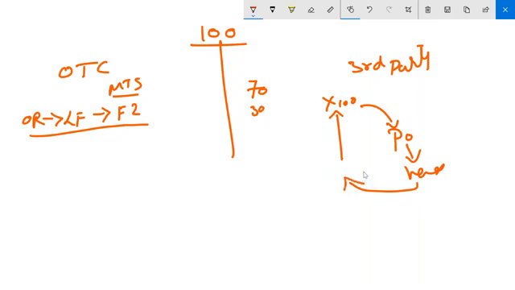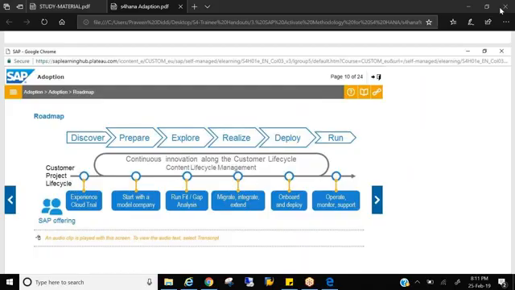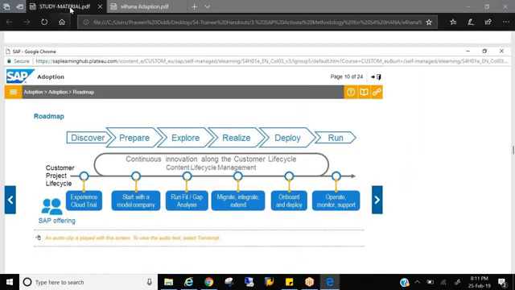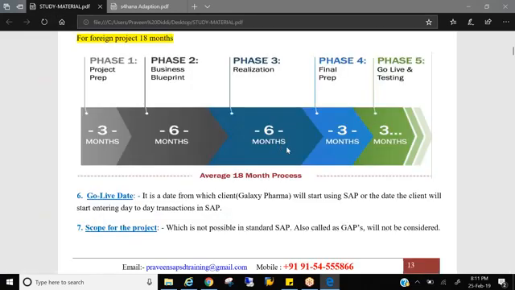Let's say in the ECC, if I want to use third party process, I cannot use it directly unless I do the configuration of OTC, third party, IPO, make to order process, STO process. Until I configure all of that and kick off the live, I cannot use a single process, because once for all we go live in the ECC.